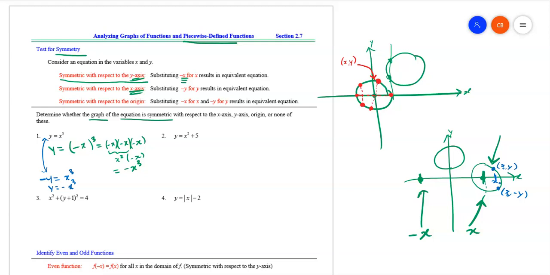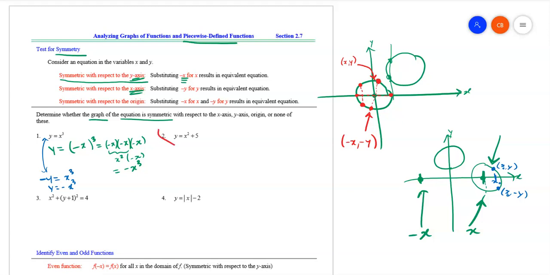We should have another point on the graph, though. We said this point over here should also be on the graph, which is negative x, negative y. And for a point to be on the graph, that means it has to be a solution. So in other words, we're trying to check, is negative x, negative y also a solution to the equation? And the way we could tell that it would be a solution is that if we put that in there and simplify it, it should give us the same equation.